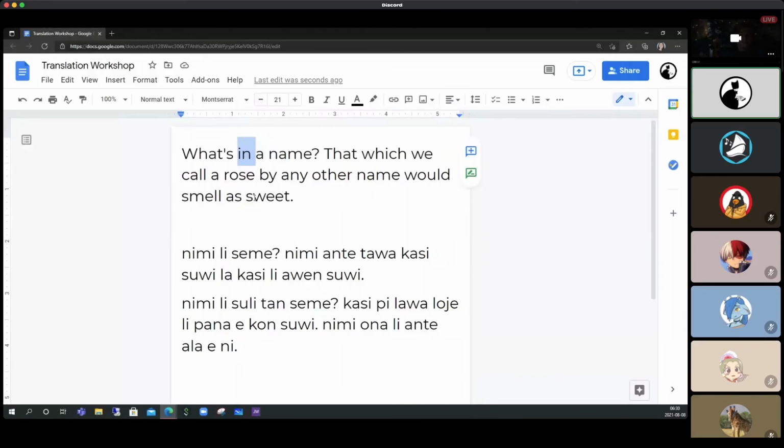If only it wasn't for all these names, we could be together. So in this context, nimi li suli tan seme, in my view, would be a perfectly reasonable rendition of that. It's longer, it's shorter. Iambic pentameter, if you know what it is, you've lost that anyway, so you might as well just go with something that means the right thing.